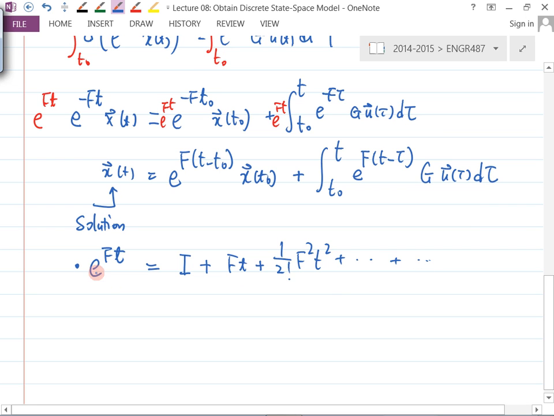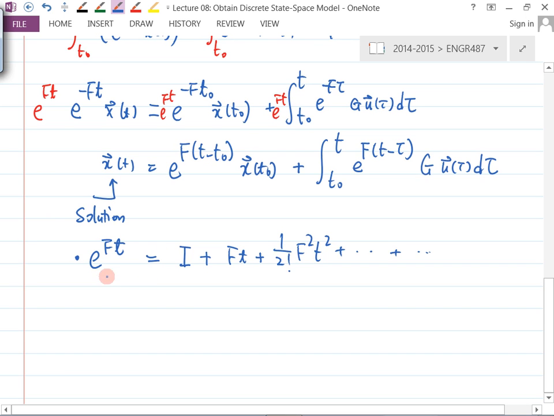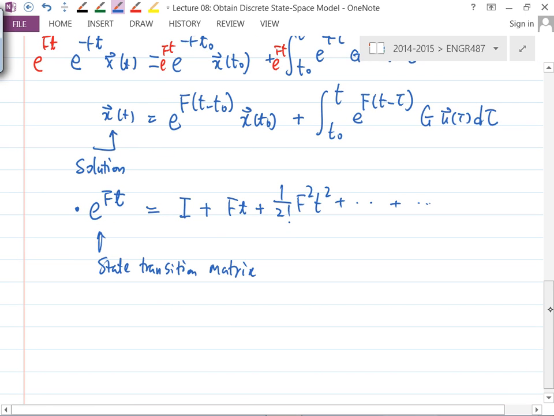So if you see this, does that ring a bell? You should see that in modern control systems, right? This guy here. And there are actually a couple of properties associated with this one. This is called the state transition matrix. More precisely, probably it's e to the power of F (t minus t naught).